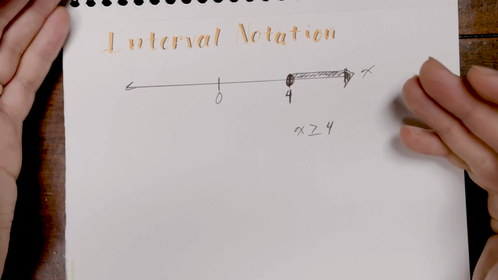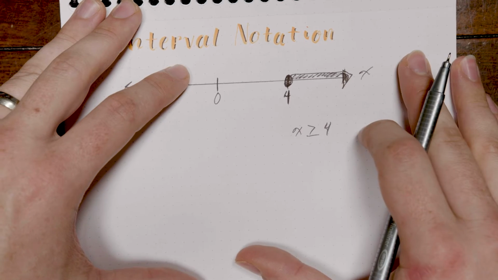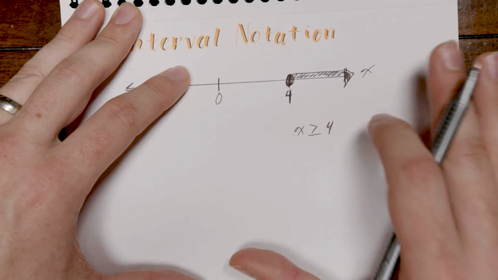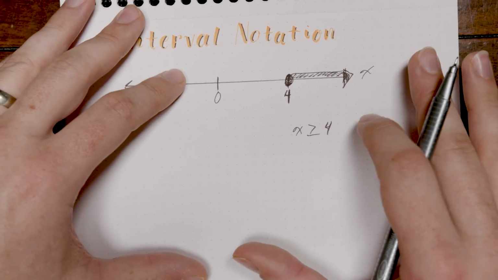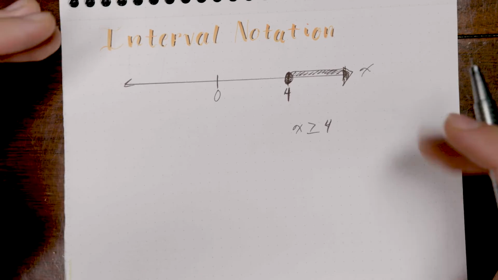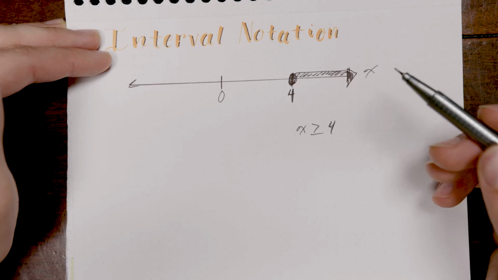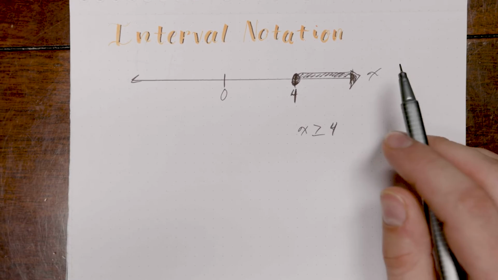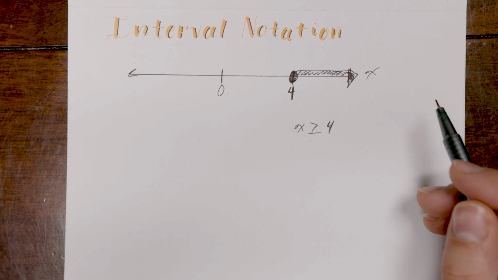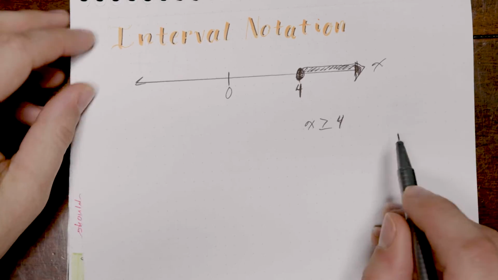We've seen this in my class, and if you're just watching this on YouTube, you may have seen this before. So interval notation is, depending on the problem, a simpler way to write this. It's definitely a simpler way to write it.